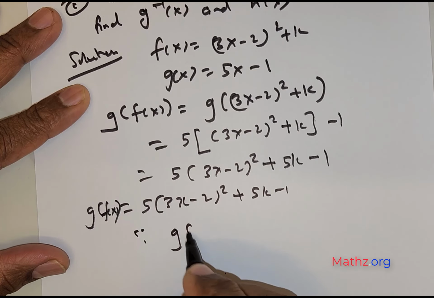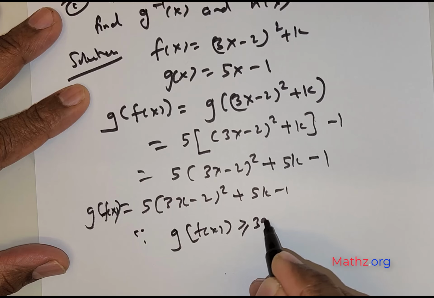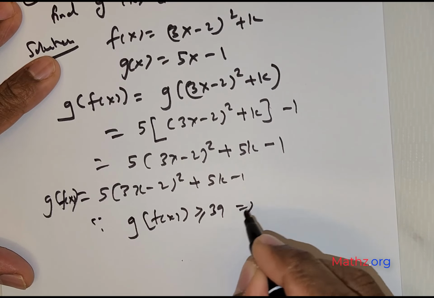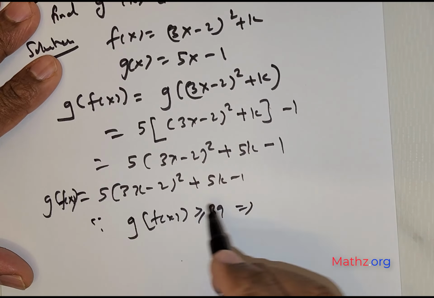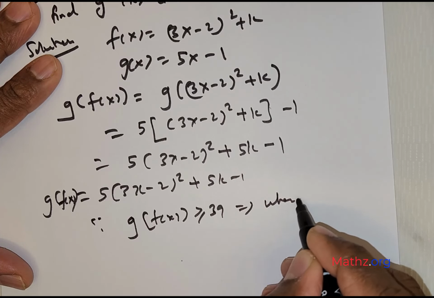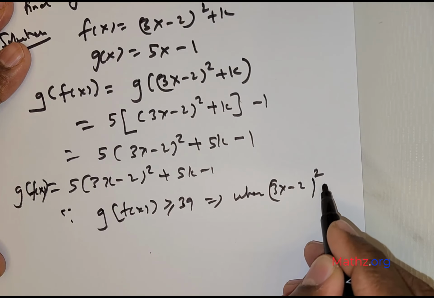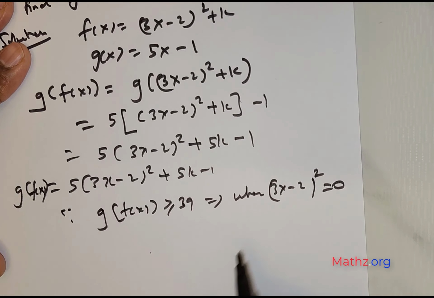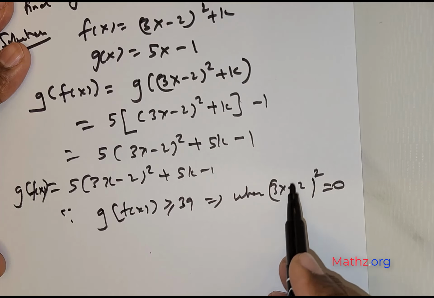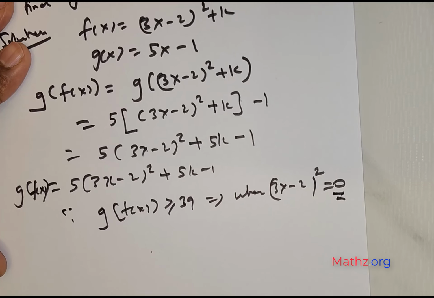Given that gf of x is greater than or equal to 39, this means we are looking for the minimum value, and that is occurring when 3(x - 2) whole squared is equal to 0, because this is a quadratic, so the smallest value that this would take would be equal to 0.